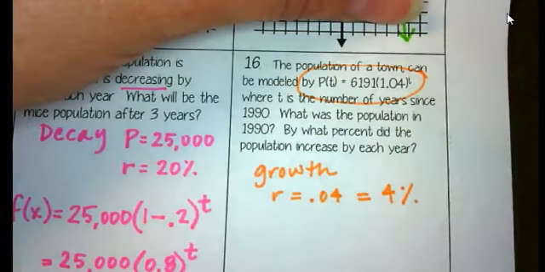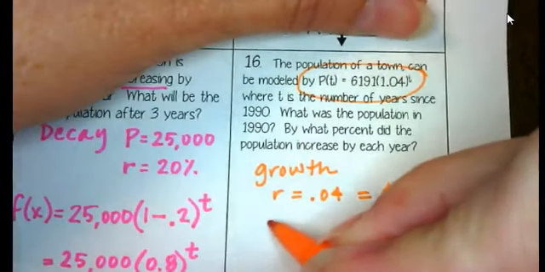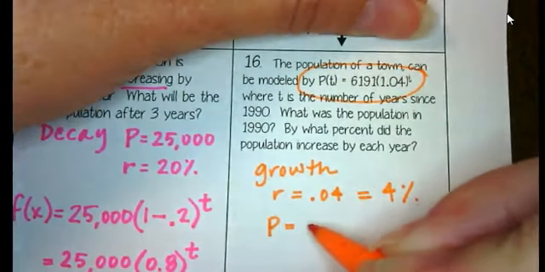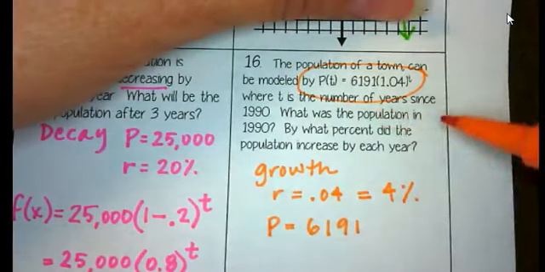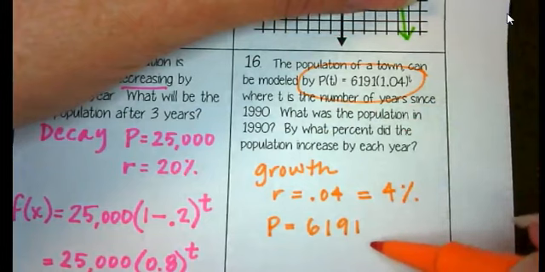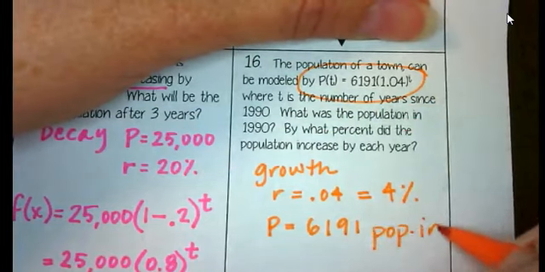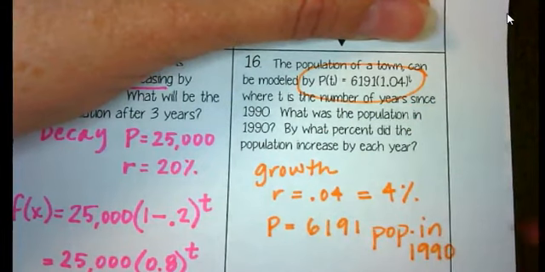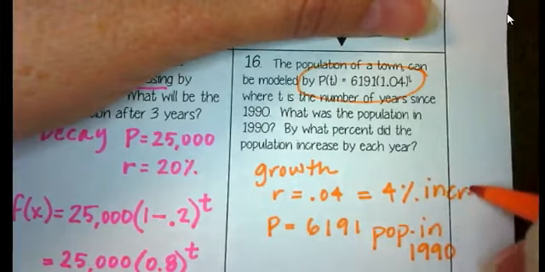So we can tell that there was 4% growth each year. And then we also know that the initial population was 6,191. So this is the population in 1990, and then it was a 4% increase each year.